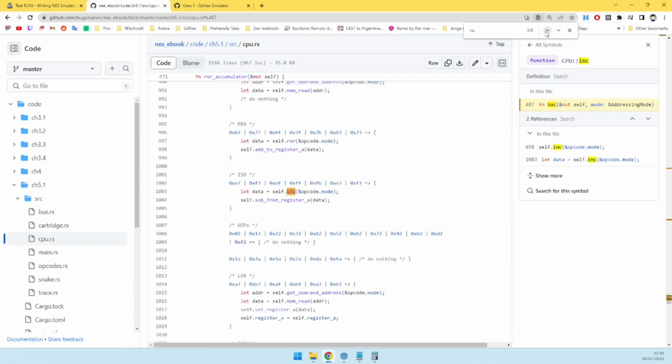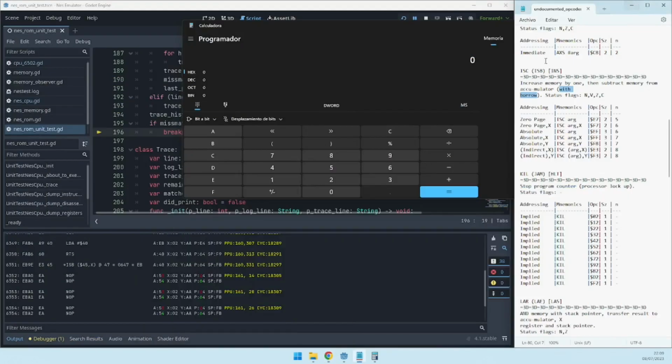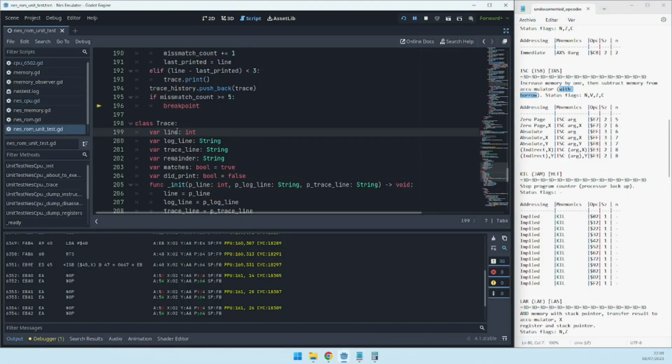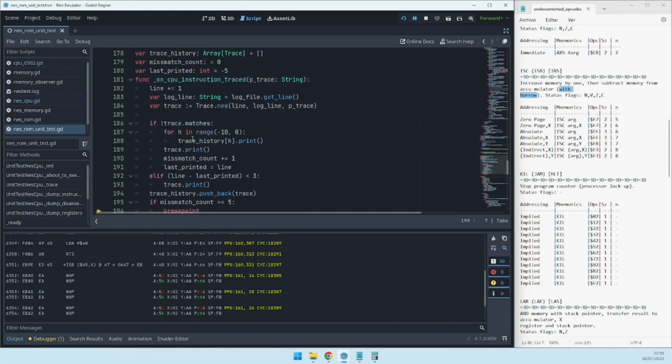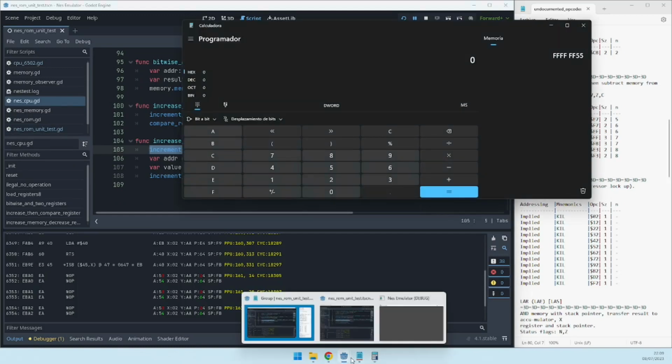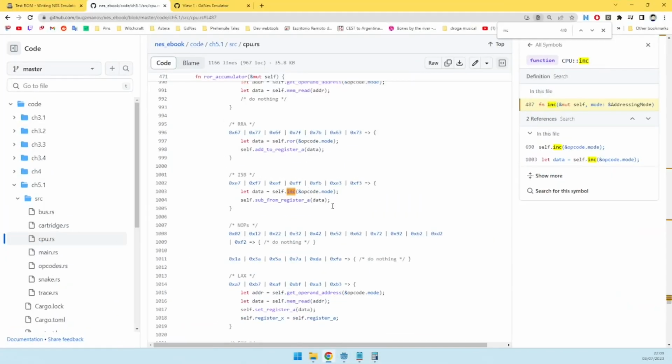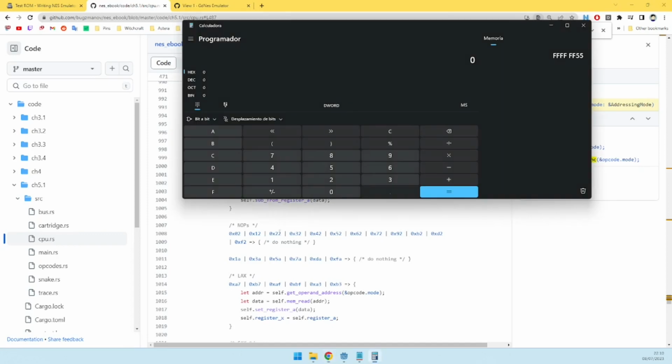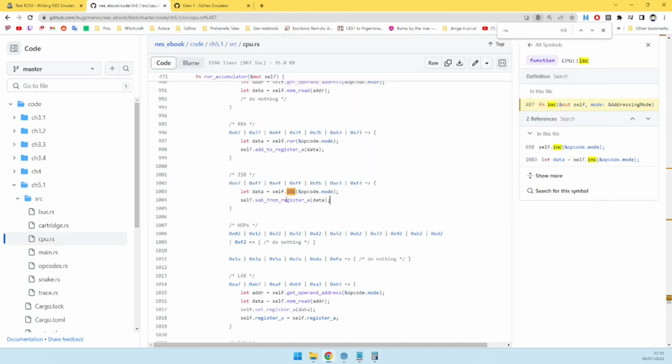So it is doing what I think it is doing. I am increasing the memory by 1, so it is starting the same way. And then it is subtracting data from register A, exactly the same as I am trying to do.